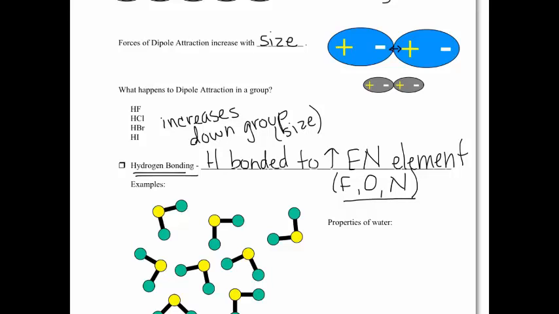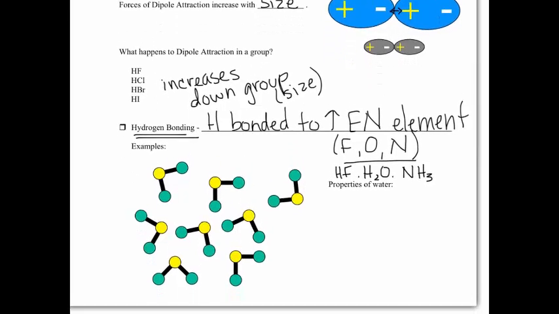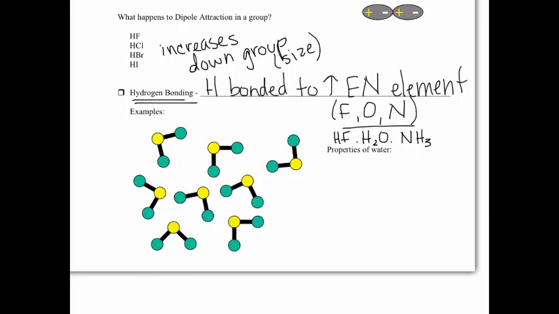So the different molecules that you're going to have to memorize that do this are HF, H2O, and NH3. So that's hydrofluoric acid, water, and ammonia. Those are the only three molecules that you're going to need to know for the Regents exam. So let me show you what hydrogen bonding looks like.